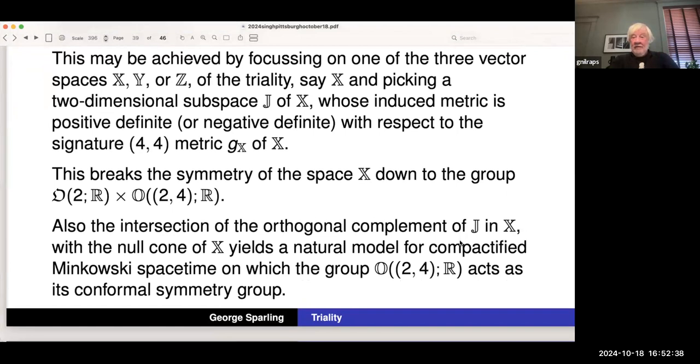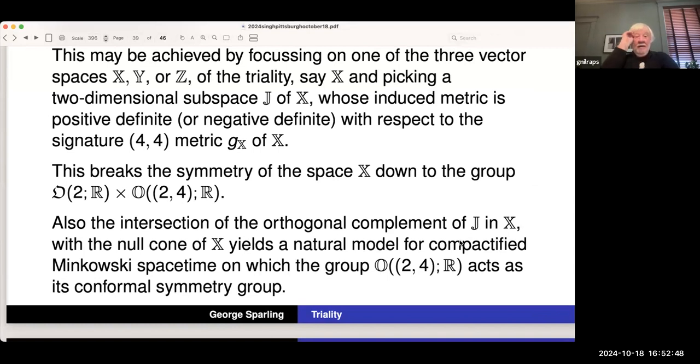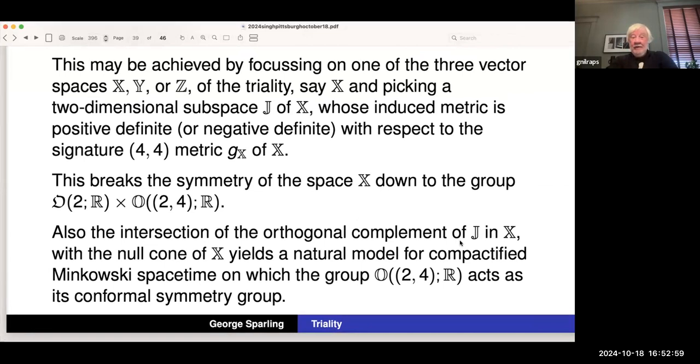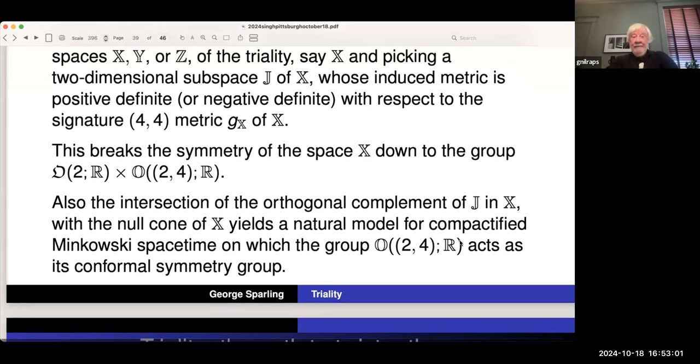Once you've got a two-dimensional subspace of that space, its orthogonal complement, which is 6 dimensions, naturally carries a structure of O(2,4), and the null cone of the orthogonal complement can be thought of as the compactified Minkowski space. So as soon as you specify this two-dimensional subspace, you end up with a Minkowski spacetime.